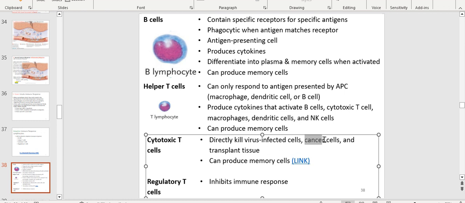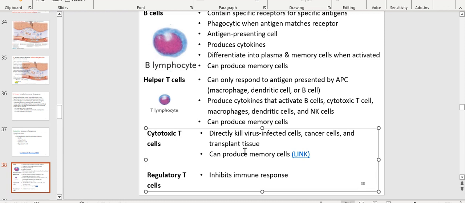They've been talking about this for a while, and I haven't heard anything in the past couple of years about it, but I do know that these were on the forefront of cancer treatment. I do not know, but I think that they're still on the way. These guys can produce memory cells. There's a nice little link for you. Regulatory T cells inhibit the immune response. Okay.